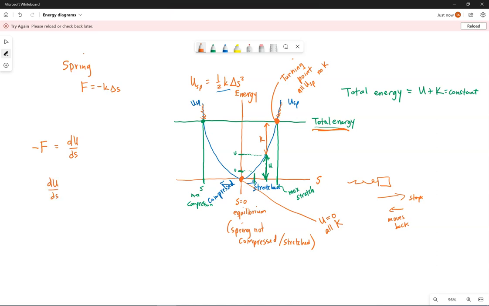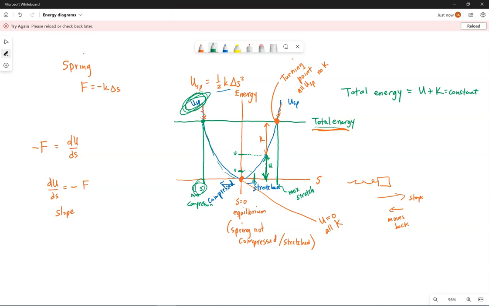Or the derivative of the potential energy with respect to position is the opposite of the force. Doesn't matter which direction we put the negative sign on. This still means that if we look at the slope of this potential energy versus position graph, that slope will tell us the force at any given moment.